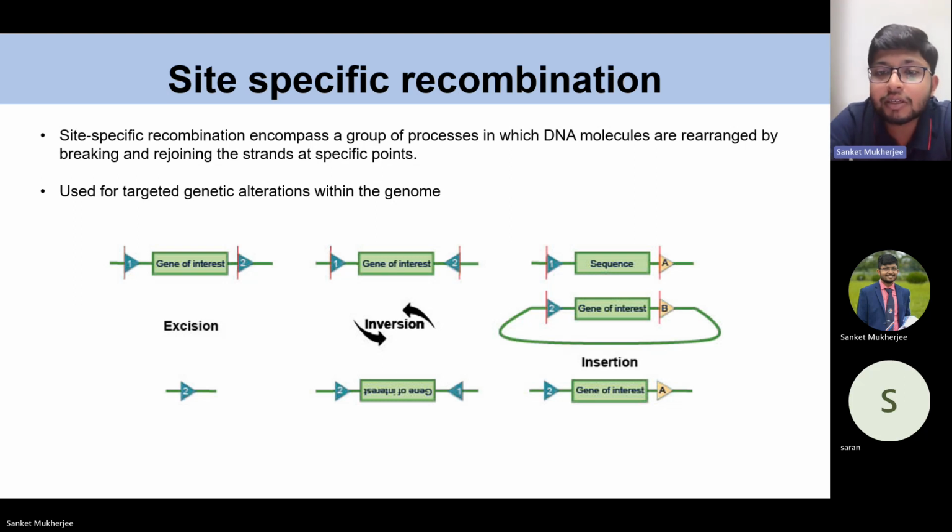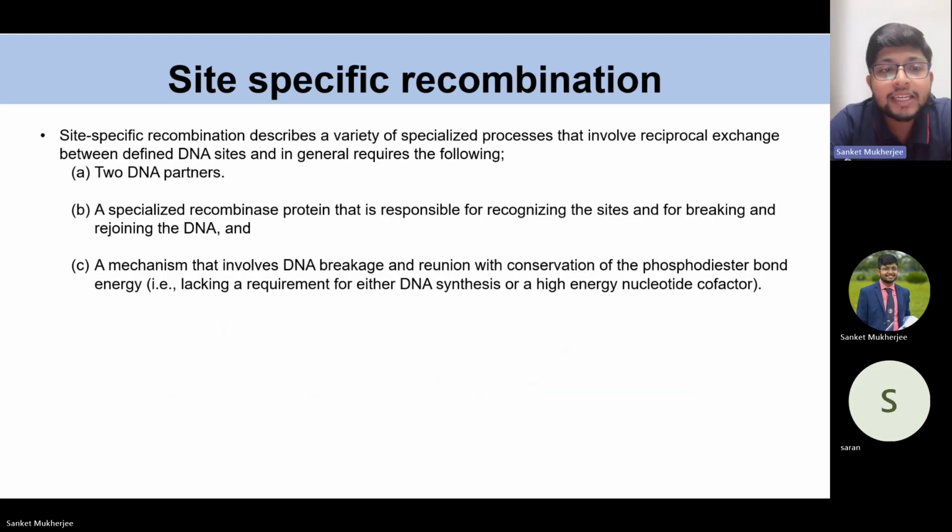We see a similar kind of strategy when lambda phage infects bacteria, let's say E. coli, then we see this kind of insertion of genes. So we'll talk about it. Site-specific recombination happens as a specialized process.